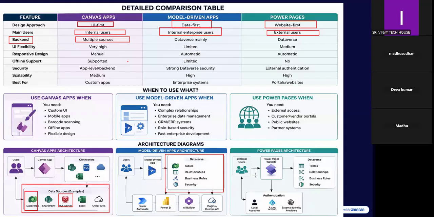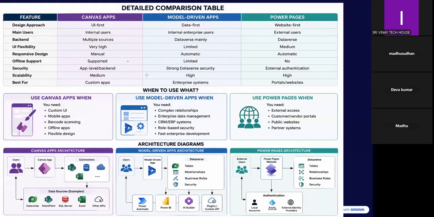Coming to Power Pages, it again relies on Dataverse only. We cannot connect to multiple data sources using Power Pages. Coming to responsive design, it is manual in Canvas app. We need to customize to make it responsive.